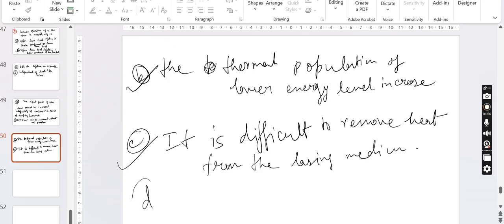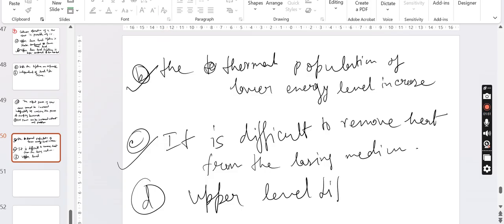D, upper level lifetime increases. That's not the problem. If upper level lifetime increases, that's a plus for us. That's a positive thing, but that's not the case here.